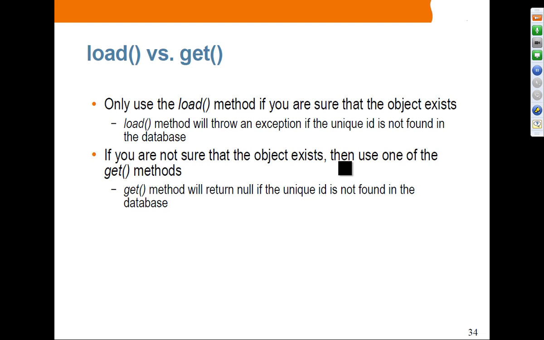If there is no row in the table, meaning the unique ID is not found in the database, it will throw an exception. If you're using get, it will return null if the unique ID is not found in the database. So it's just a different programming style.